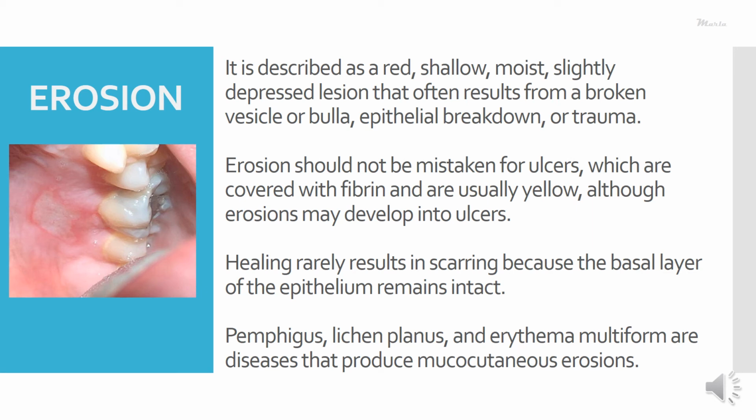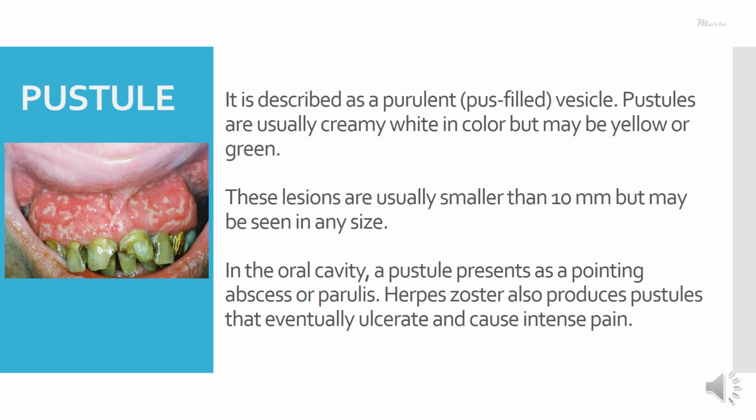In case of erosion, there is no requirement for granulation tissue formation since the basal cell layer is intact, and epithelialization will proceed normally, with no scarring as well. So remember the various lesions which present as erosive lesions, and knowing this will help you in the differential diagnosis.